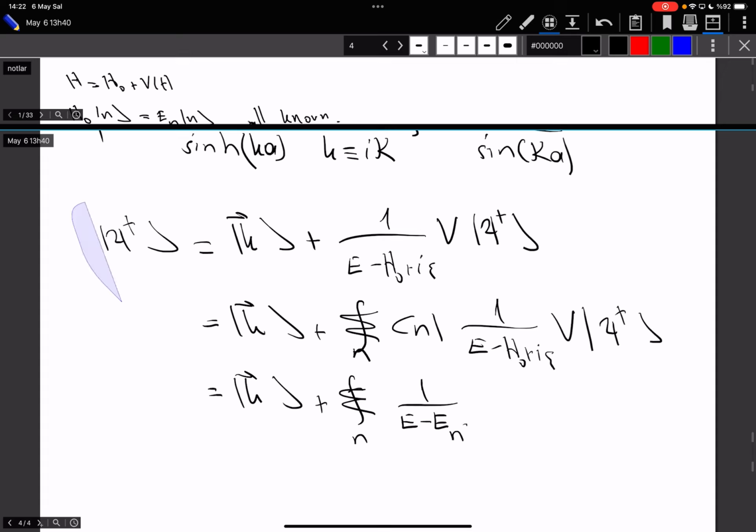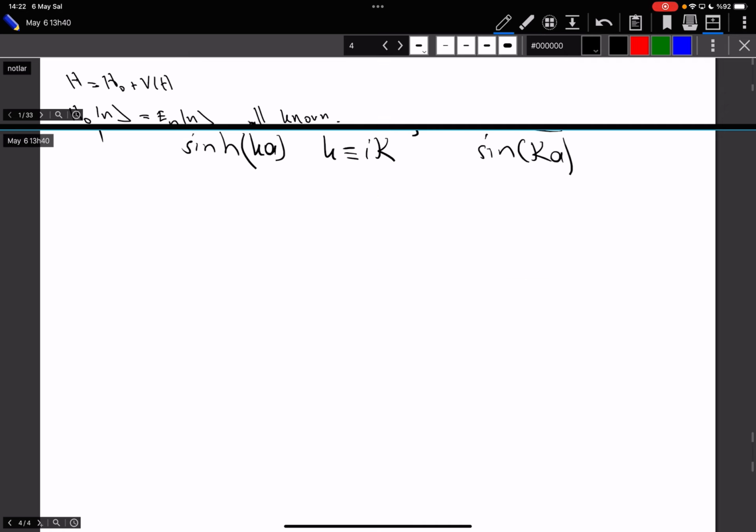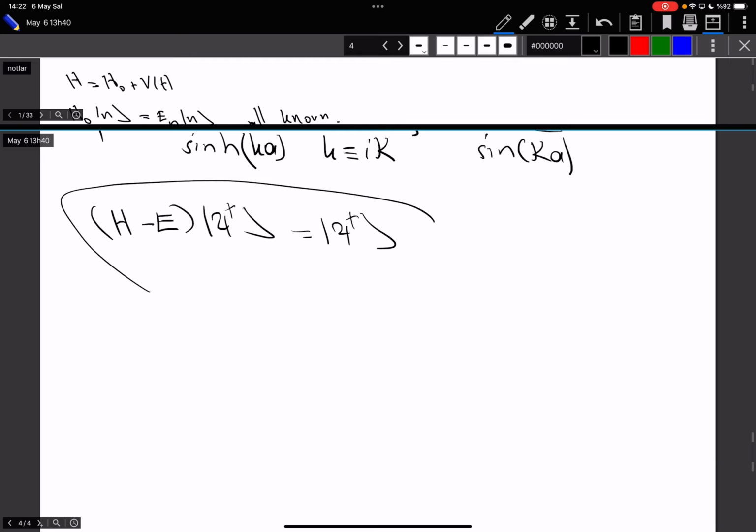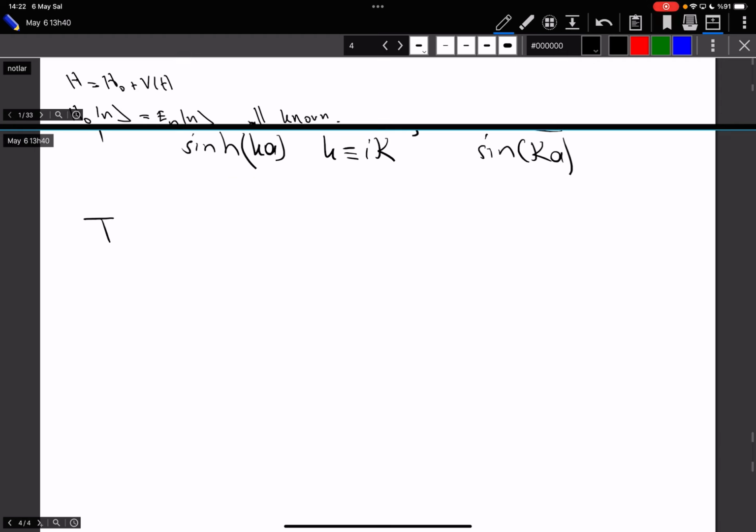I want the full solution. Let me go to T. Do you remember what the T was?